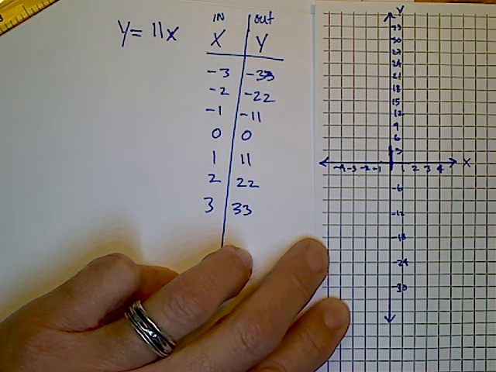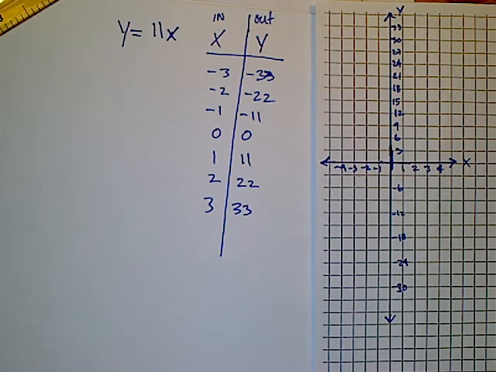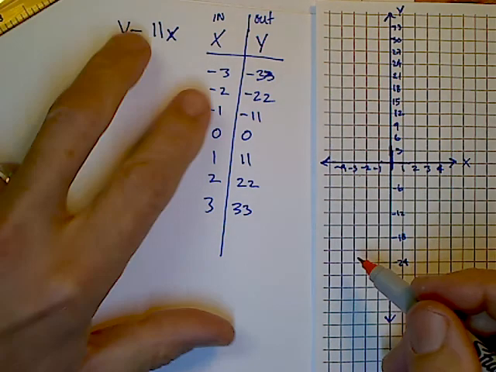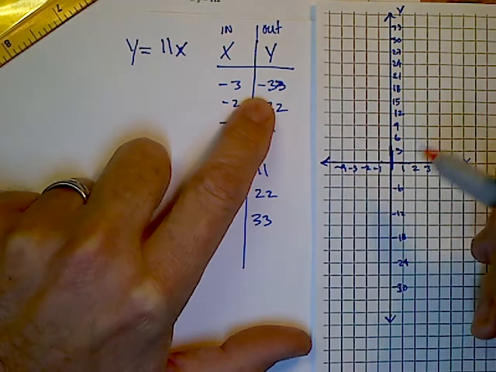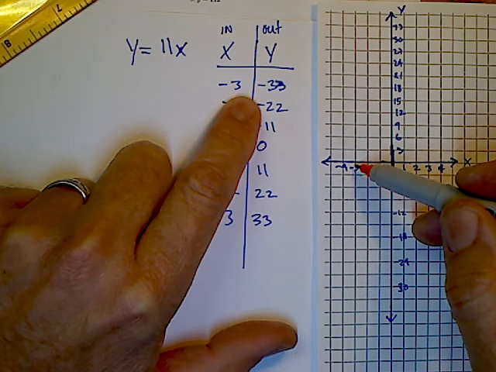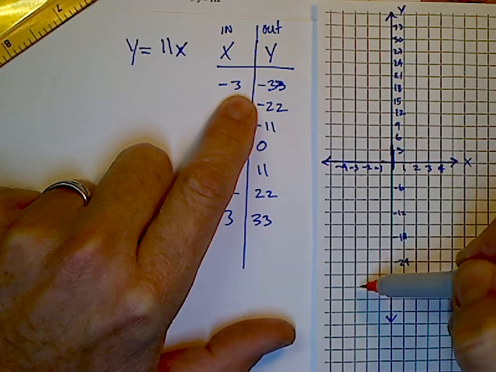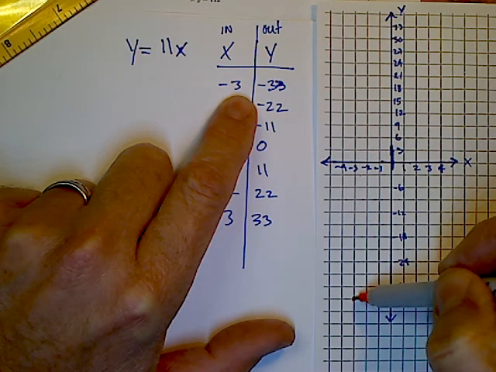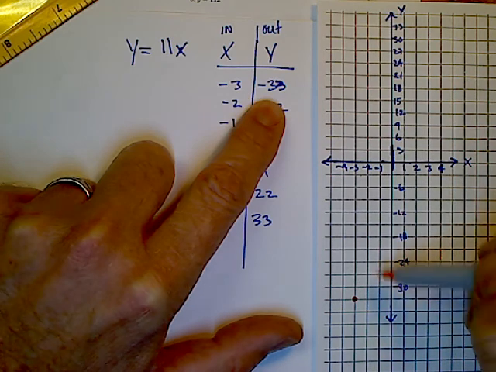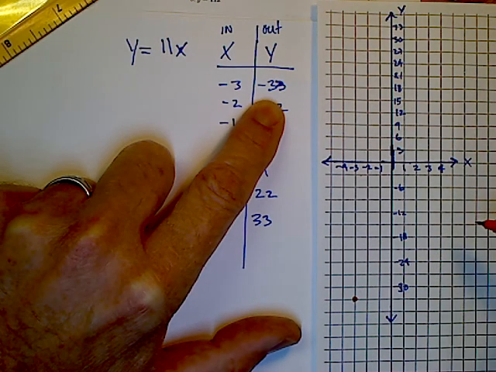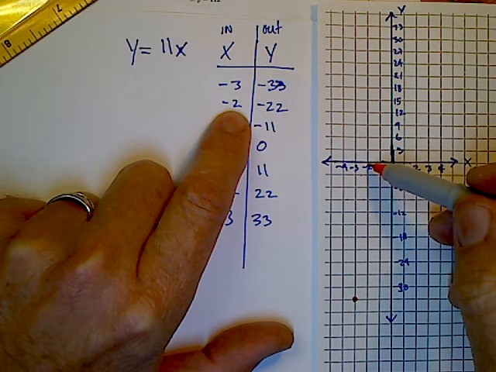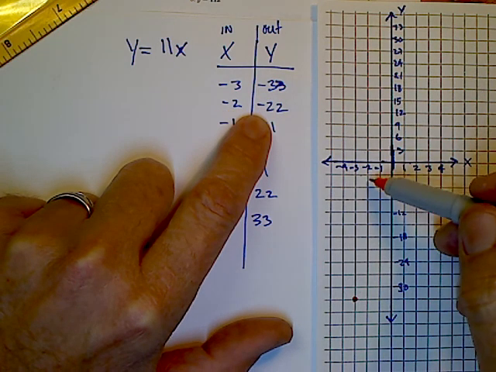I can see where I'm at. So let's go ahead and graph our data, our table of values. My first one is -3, -33. So x is -3, y is -33, which would be all the way down here. Then x is -2, y is -22.